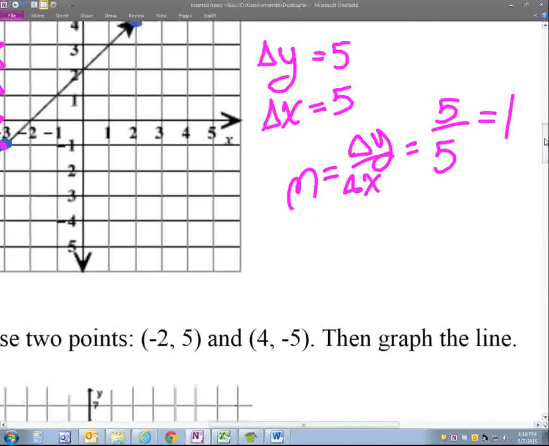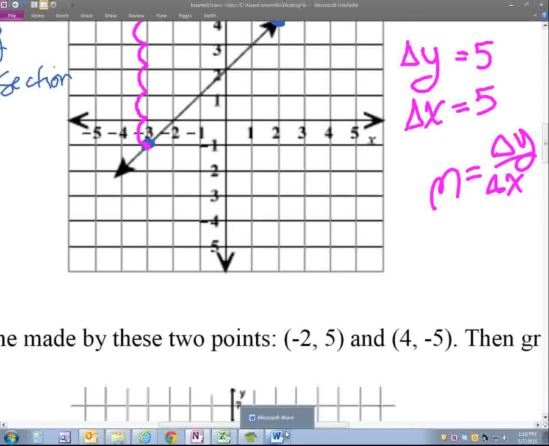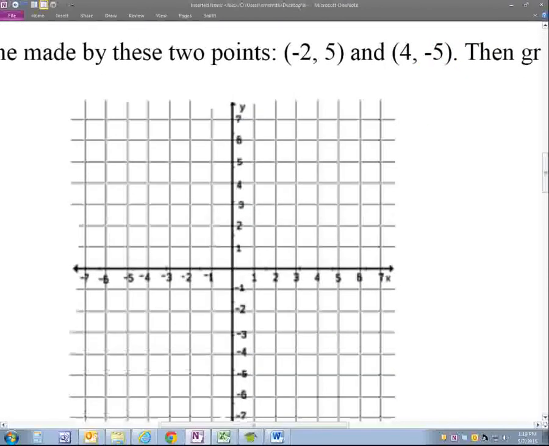So that is the way to visually represent it. Now let's take it further. This time we see 2 points, and this one is going to be visual again. They gave us the 2 points. We're at -2 and 5, so I'm going to go -1, -2, and up 5: 1, 2, 3, 4, 5.